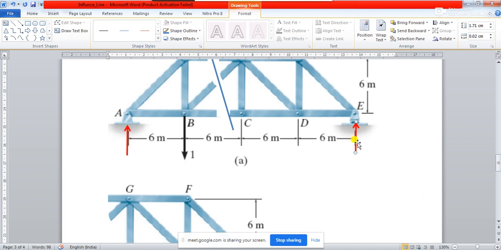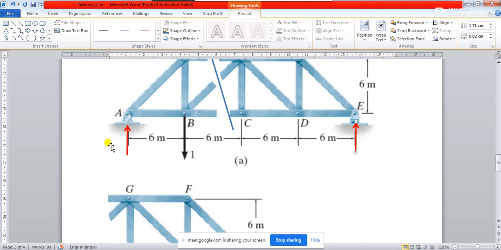Now if you want to find out reaction, you must understand one thing. When you are finding out reaction, for every position of this unit load 1 you will have to find out the reaction, because when the load is here, your reaction will be different.